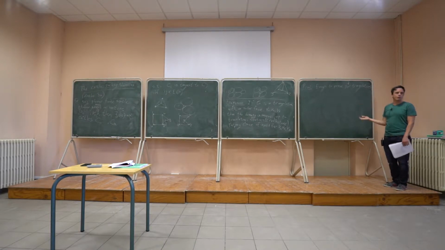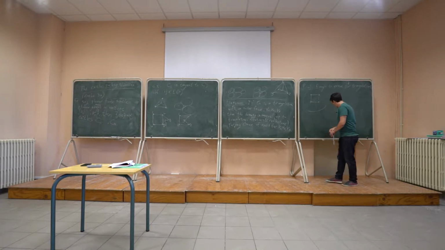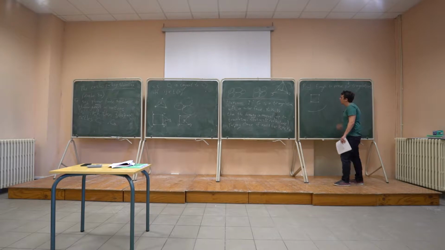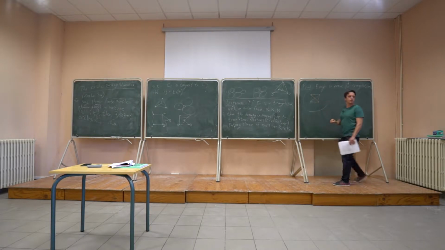It's enough to prove it for a triangulation, because if you have a graph, and inside there is a face that is not a triangle, simply add a new vertex inside and connect it to all of these vertices here.